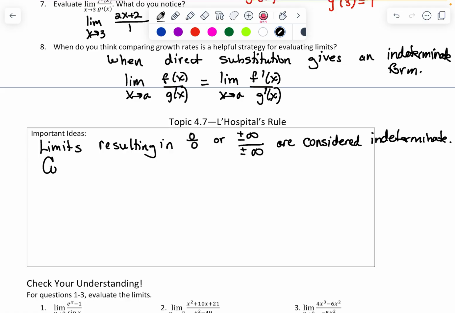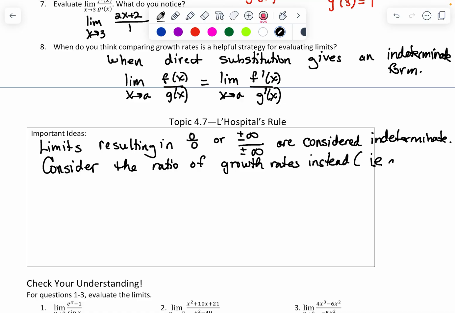So then you consider the ratio of growth rates instead, i.e. their derivatives.